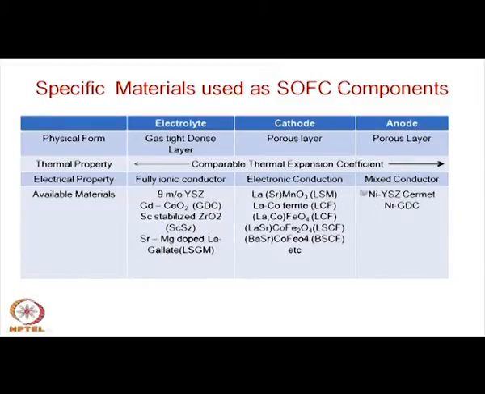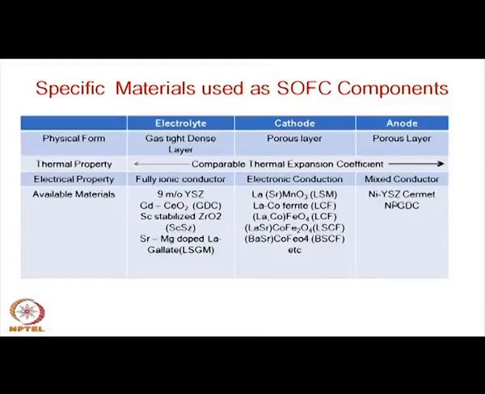In general, metals have a much higher thermal expansion coefficient than YSZ or any other ceramics. So, to match the thermal expansion coefficient and also to maintain the electronic conductivity within the material, one needs a cermet, a mixture of nickel and YSZ. That is how you match the thermal expansion coefficient with the electrolyte, because it is in contact with the electrolyte.